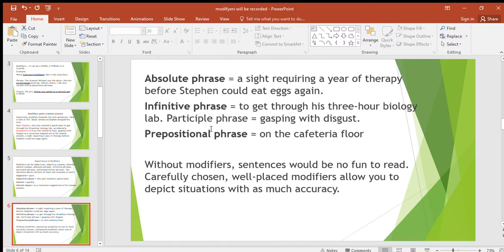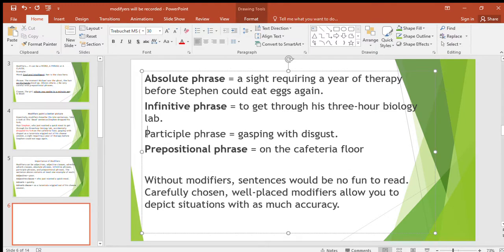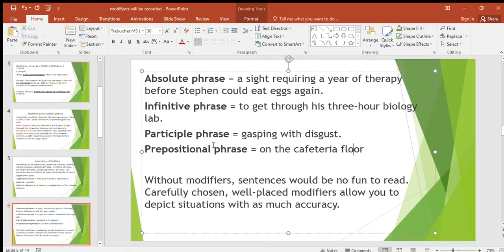Oops, we have the participle phrase. Here we go. Sorry, didn't see that one coming. Participle phrase, "gasping with disgust"; prepositional phrase, "on the cafeteria floor."